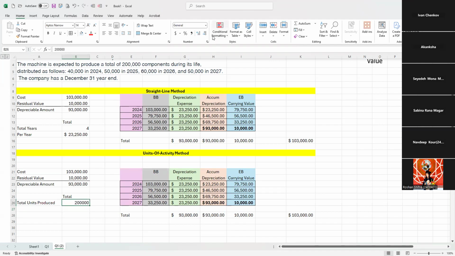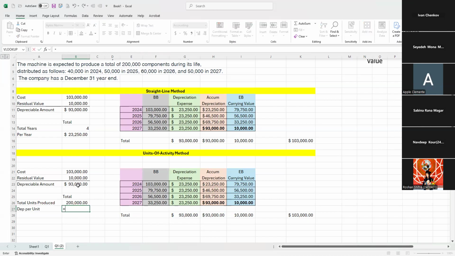Okay. So if we produce 200,000, how much will be the depreciation per unit? Do you know how much I have to depreciate? I have to depreciate 93,000 over 200,000 units.